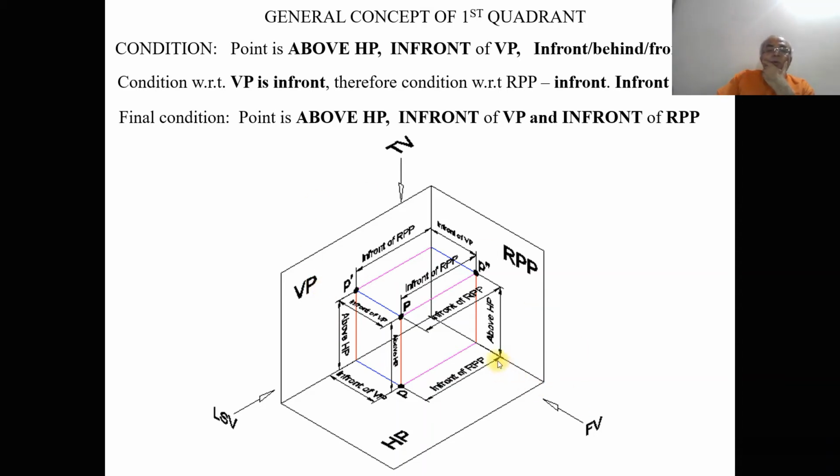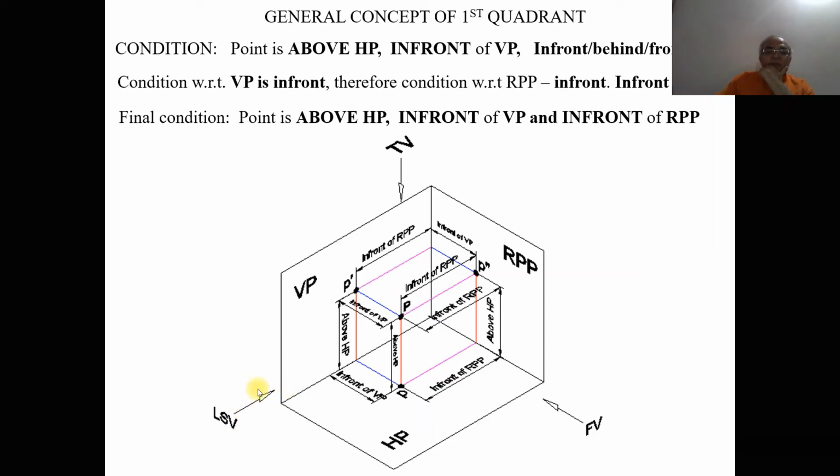But in the profile view, the right side view is not satisfying that condition because the plane is between the object and the observer. Therefore, when you look from the left side view, the object is between the plane and the observer, so this satisfies the condition of the front view. Therefore, in the first quadrant, for the right profile plane, I always have to look from the left side view.